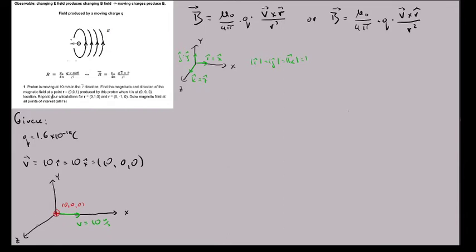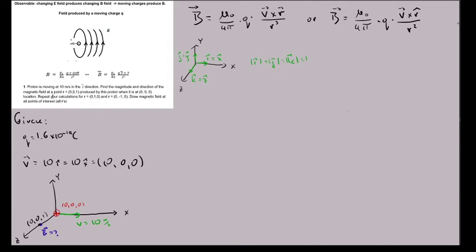So here is what I want to figure out. What is the magnetic field at this point? So B vector equals question mark, and the point of interest is (0, 0, 1). What is the magnetic field at this specific point, given that there's a proton here at the origin that moves to the right with speed of 10 meters per second?